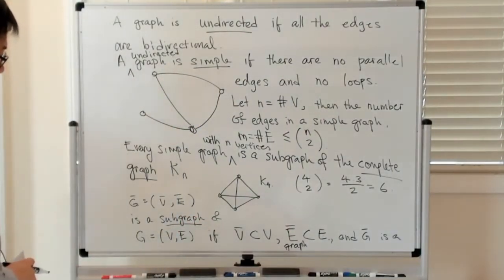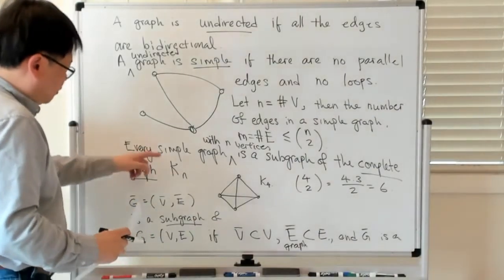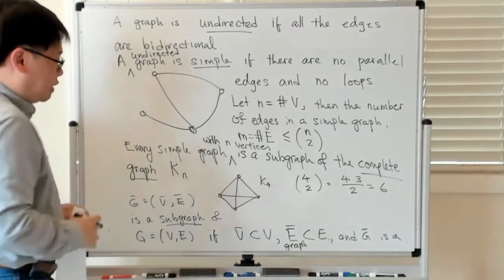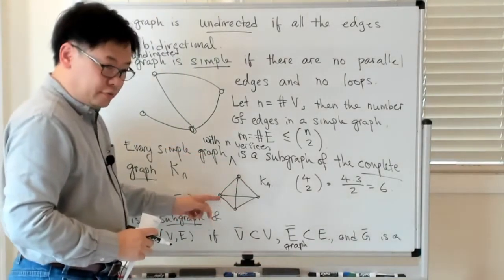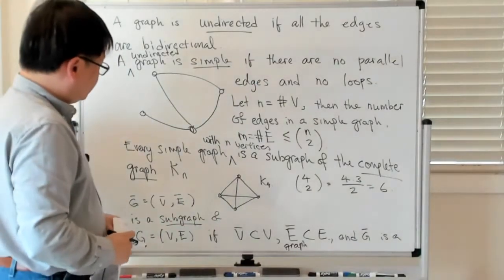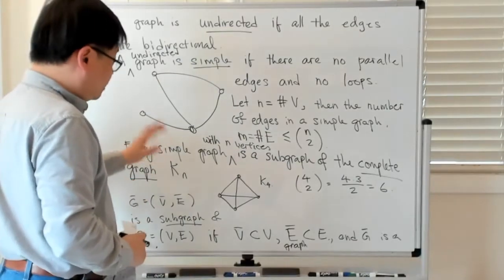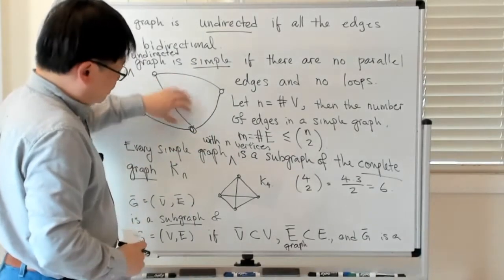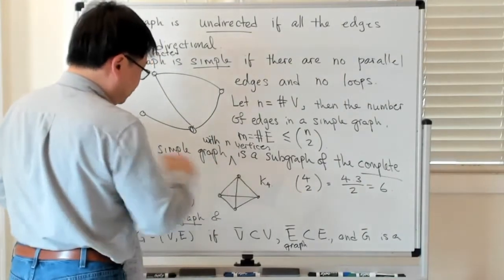So the point in any case is that every simple graph is a subgraph of the complete graph with the same number of vertices. We had this example of a graph which was simple, and it's easy to convince yourself that it is a subgraph of this.